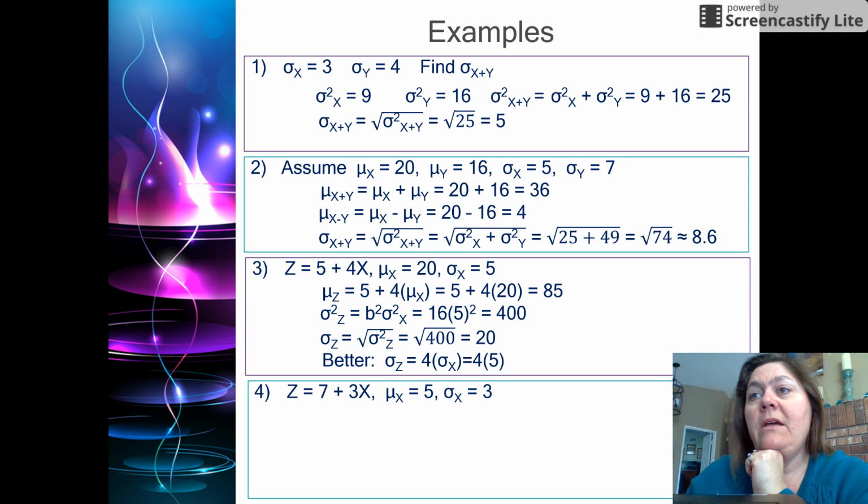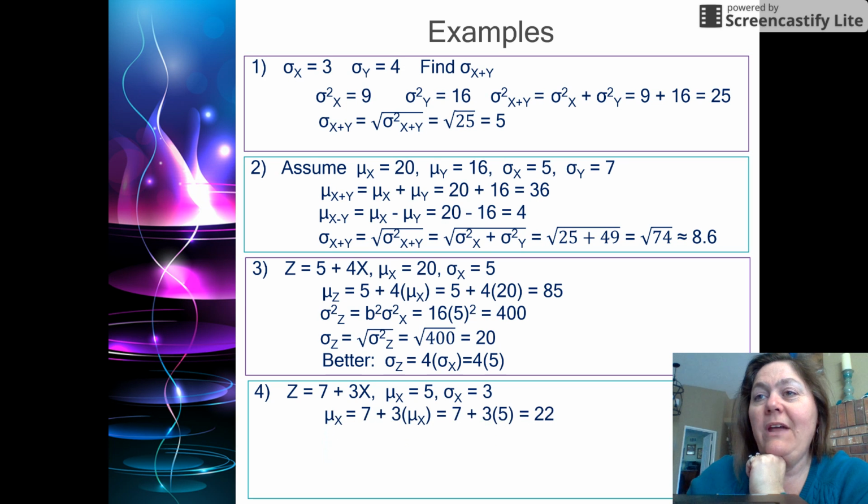Okay, and what would be the variance of z? And then finally, what would be the square root of your variance, which would be your standard deviation of z.